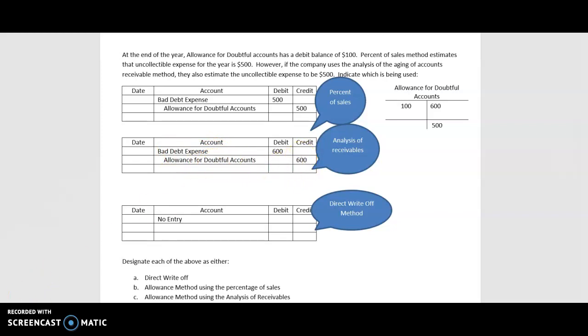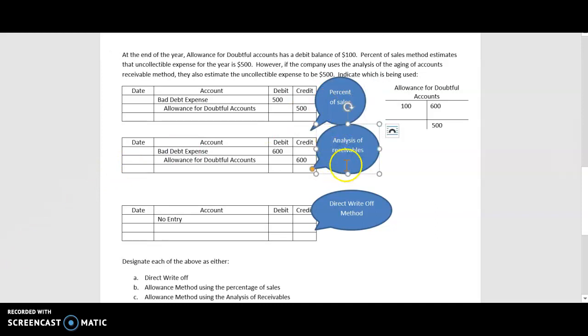So the last method is the direct write-off method. If we were doing the direct write-off method, we wouldn't have an entry because this is not an estimate. This is the wait and see approach. Okay, just to review, this method where we calculated our entry to be the 500, our estimate was the actual journal entry. This is called the percent of sales, and more specifically, this is called the allowance method, using the percent of sales as your estimation.